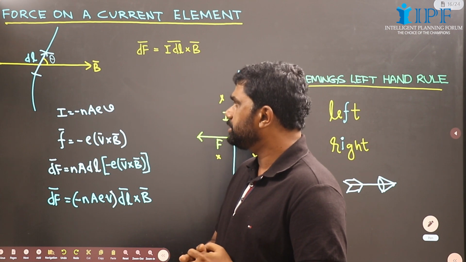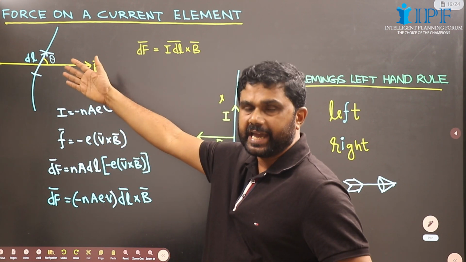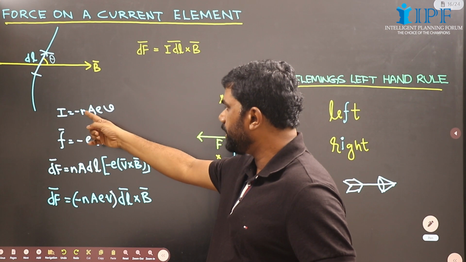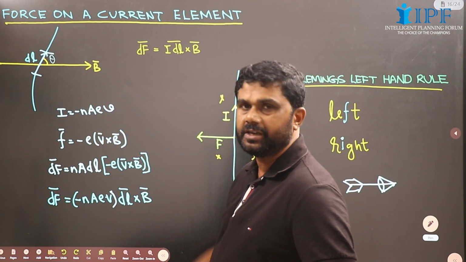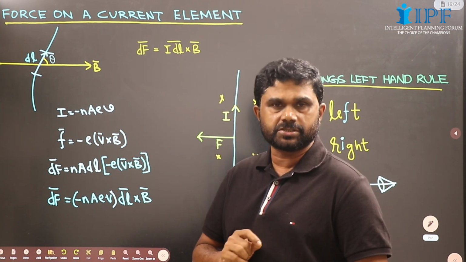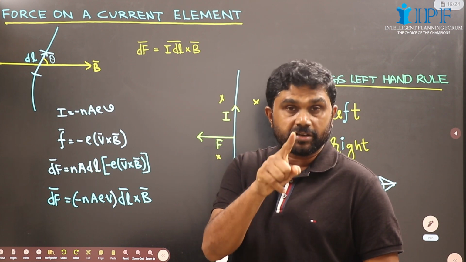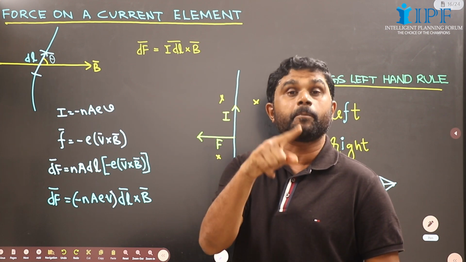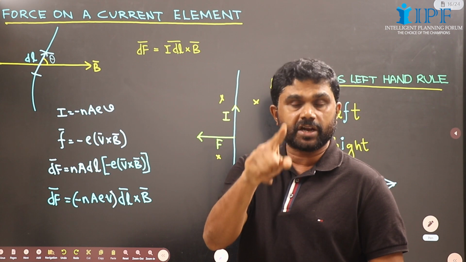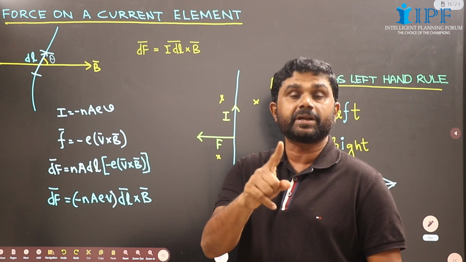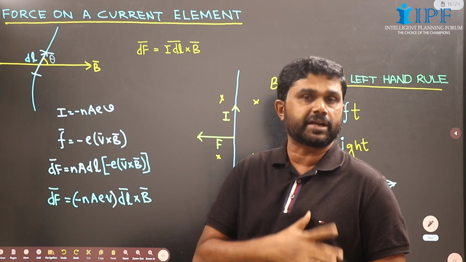Okay, now see, suppose the conductor carries a current capital I, and it is given by minus nAeV, where e is the electronic charge, v is the drift velocity of electrons, n is the number density of electrons, means number of electrons per unit volume, and capital A is the cross-sectional area of the conductor.